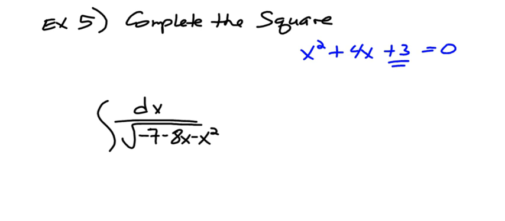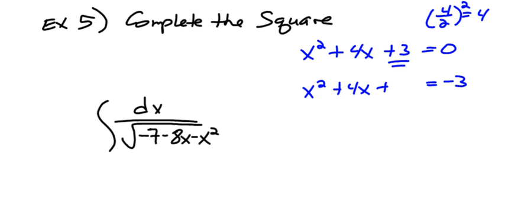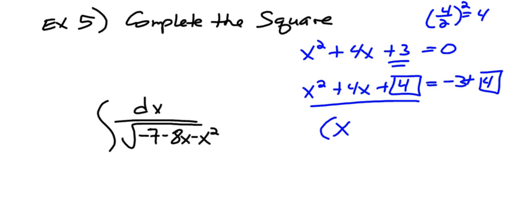Whatever we would do, we would also take half of this middle term, so 4 divided by 2, and then we would square it, which ends up being 4. I would have to make sure this one's out of the way. We would add that perfect square to both sides, so I would add 4 to both sides. Now I have a perfect square trinomial, and I can go ahead and do this, combining like terms here.